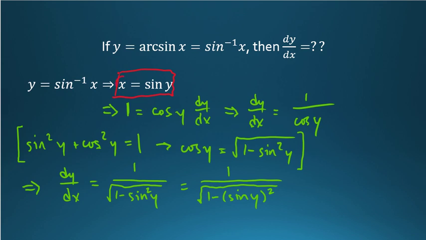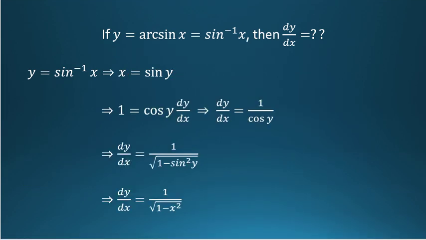So I'm going to take that variable x, and I'm going to substitute it in here. And I now get dy over dx in terms of my variable x. We finally see that dy over dx is equal to 1 divided by the square root of 1 minus x squared.